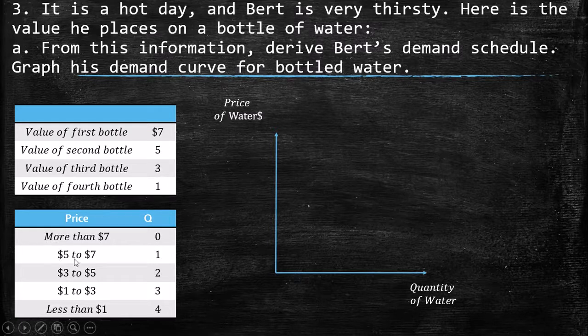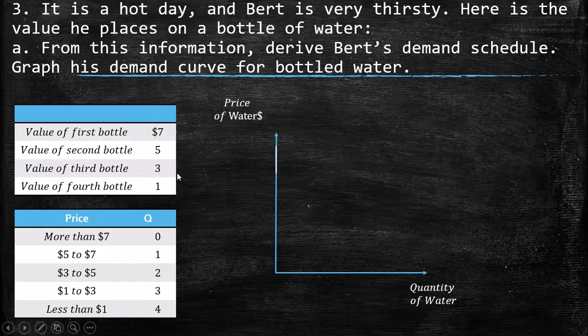But when it's from 5 to 7, he will buy 1. When it's from 3 to 5, he will buy 2, the first and the second. And when the price is between 1 and 3, Bert will buy 3, these first 3. And when the price is less than $1, he will buy 4 bottles.